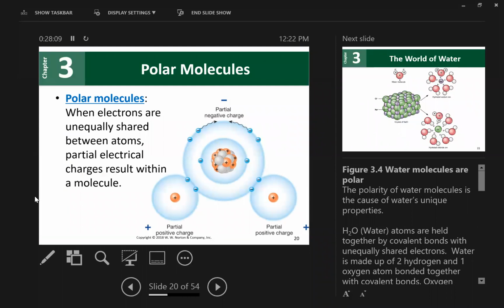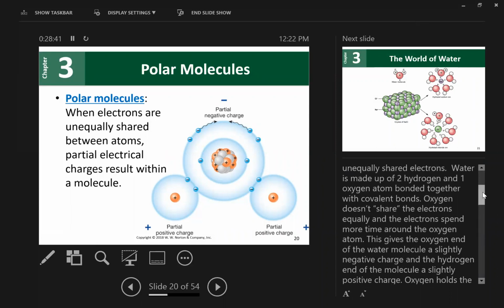Next, we have polar molecules. The polarity of water molecules is the cause of water's unique properties. So polar molecules, when the electrons are unequally shared between atoms, partial electrical charges result within this molecule. Water atoms are held together by covalent bonds, which unequally share electrons.